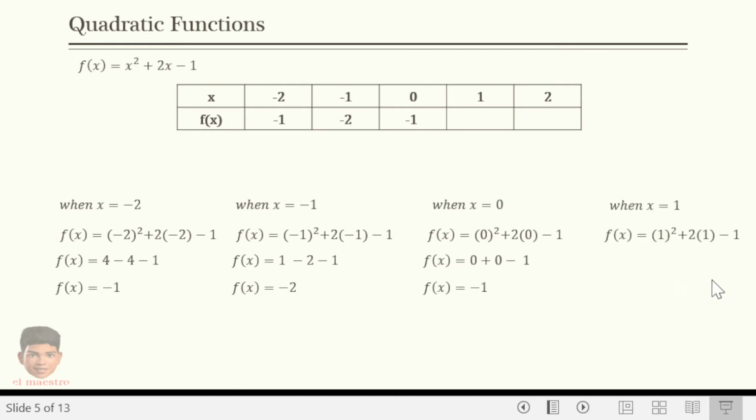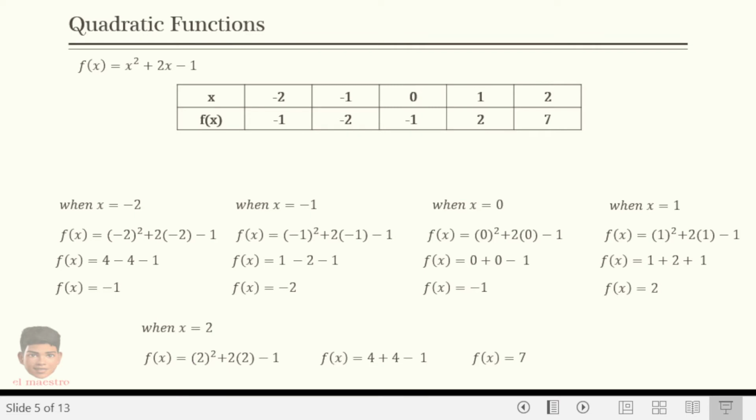When x is equal to 1, didiretsuhin na natin. You can review this one, you can calculate this one. So, 2. And last, when x is equal to 2, substitute. You will have 4 plus 4 minus 1, that is equal to 7. Okay? So, f of x is equal to 7.